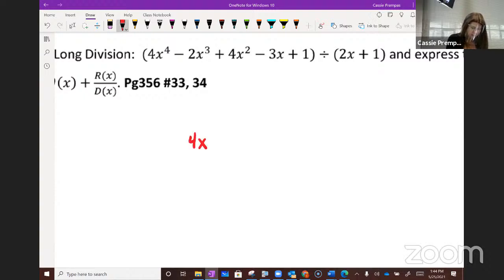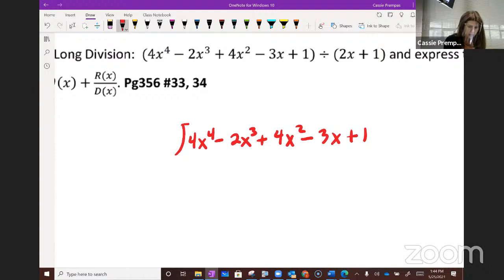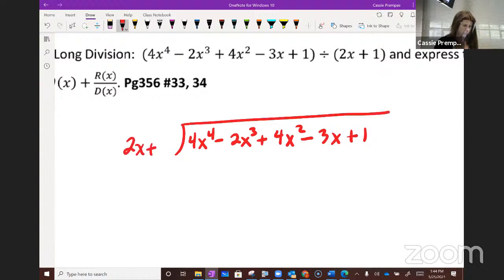So I have 4x to the 4th minus 2x cubed plus 4x squared minus 3x plus 1, and I'm dividing it by my divisor, 2x plus 1. Do you guys remember what we do first? You divide.